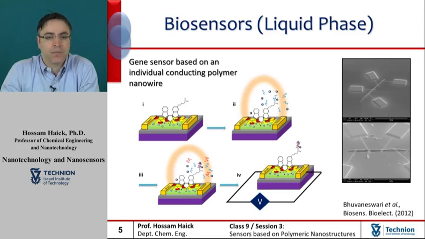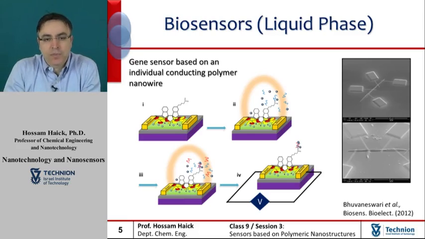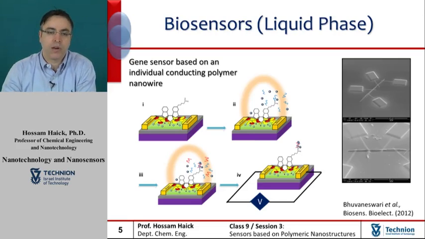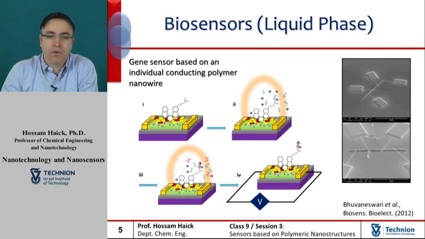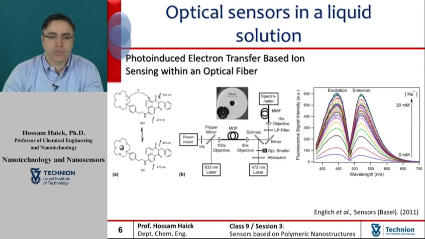In panel 3, you can see the hybridization of the targeted short DNA with the probe-modified copolymer nanowire. And in panel number 4, you can see the measurement of the change in resistance across the polymer nanowire by applying a sweep voltage between the gold electrodes.